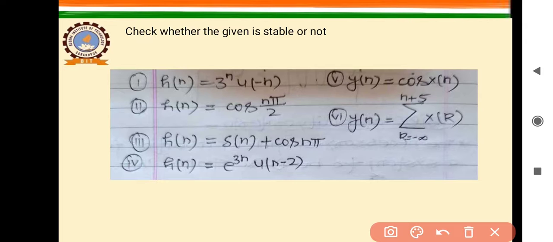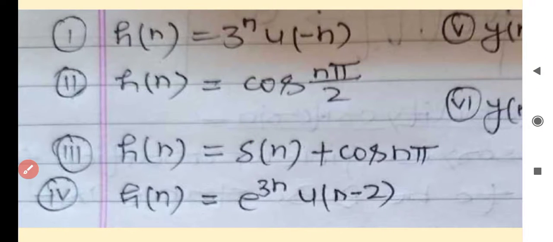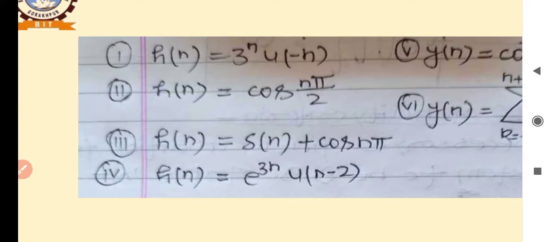So look into the first example. Here it is given h[n] is equal to 3 power n u of minus n. This is 3 power n u of minus n, because 3 power n is multiplied with u of minus n.